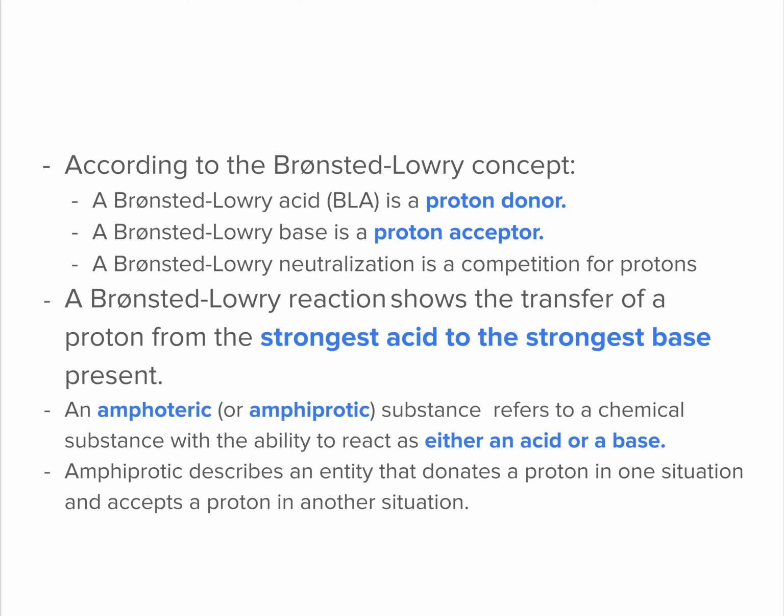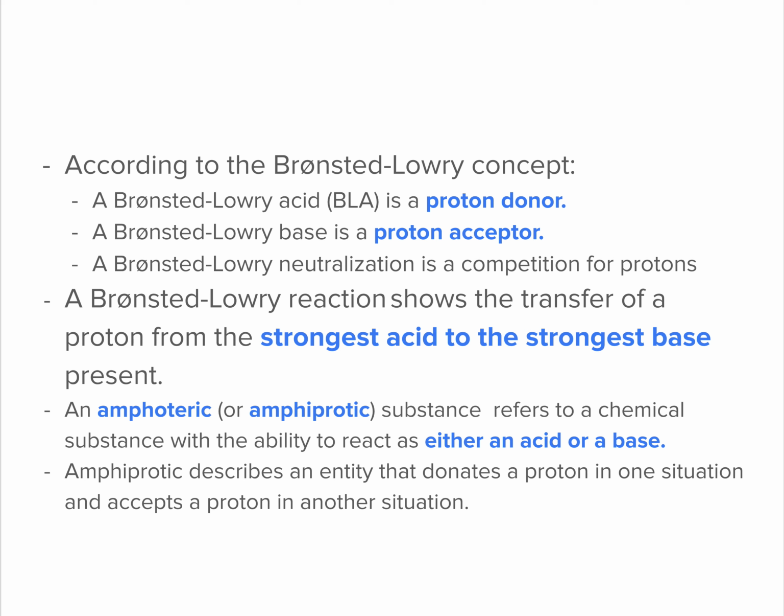So they defined acids as chemicals able to give away protons or hydrogen ions, and bases as chemicals that were able to accept protons. And then a neutralization reaction is just a competition for protons, where one is being pulled away from an acid and being accepted by a base.